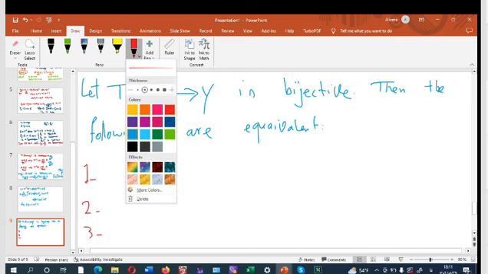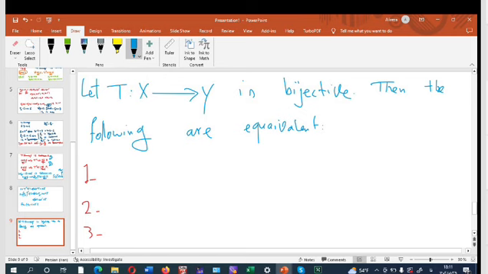One, T is continuous. 2, the inverse of T is open, and 3, T is closed. These three statements are equivalent.